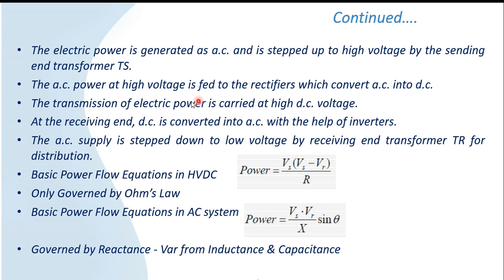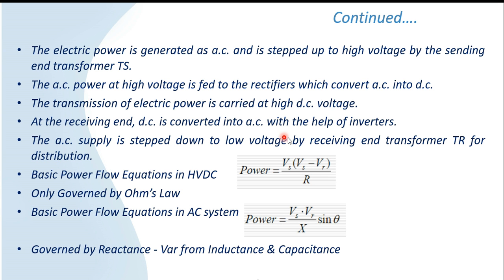AC power at high voltage is fed to the rectifier and is converted from AC to DC. The transmission of electric power is carried out at high DC voltage. At the receiving end, DC is again converted back to AC with the help of inverters. The AC supply is stepped down to low voltage by a receiving transformer for distribution.